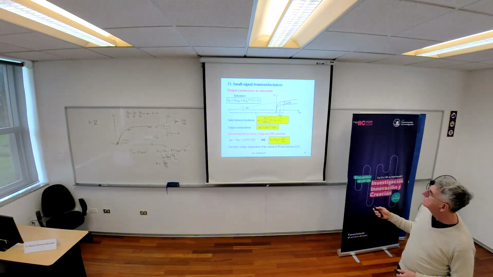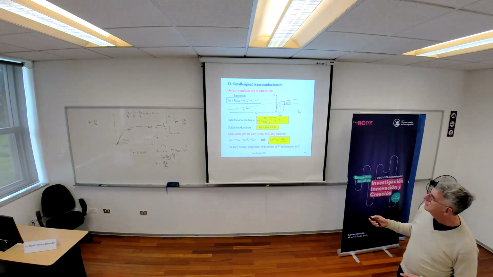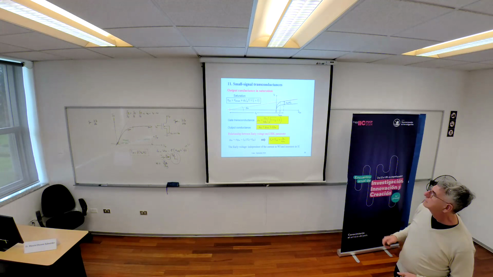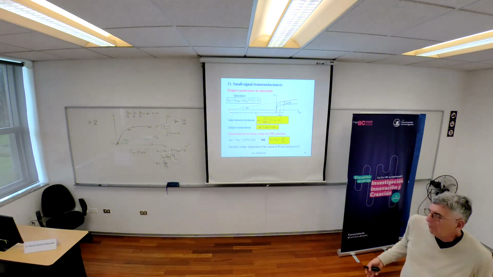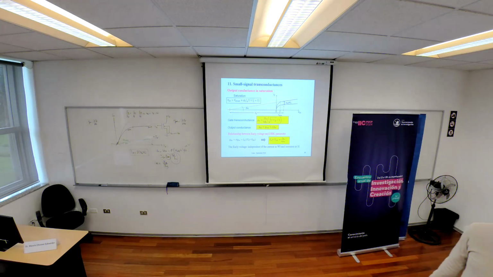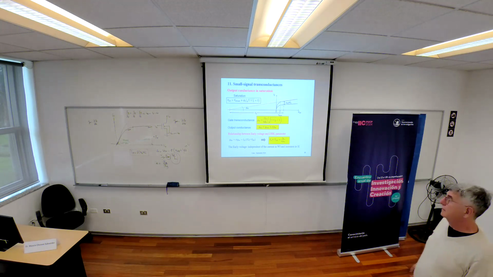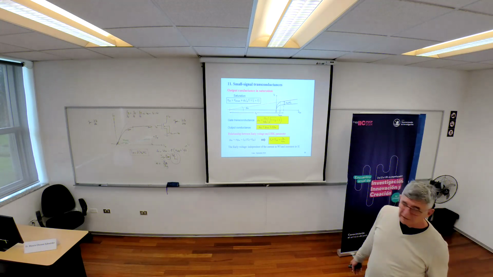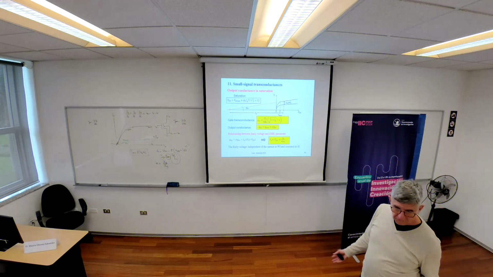You extend this line down to a voltage which we can call the early voltage. This is just a mathematical method, so it doesn't have a real meaning. It's not associated with the physics.